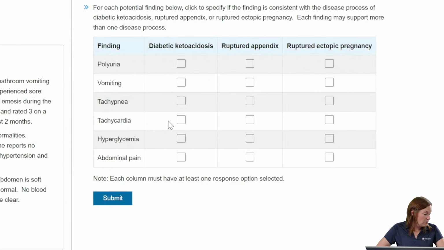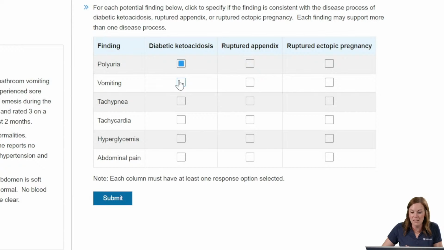I might have given you guys the right answer a little too soon, but yes, it is correct that we have all of these. We know that polyuria is a hallmark sign of diabetic ketoacidosis. Those ketones and glucose are spilling over into our urine. Our kidneys need to filter them out so that they're not continuing to build up in our bloodstream.